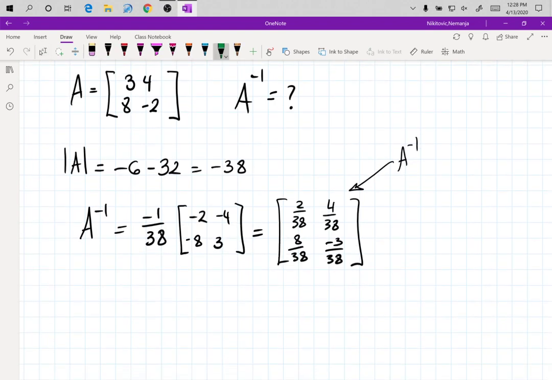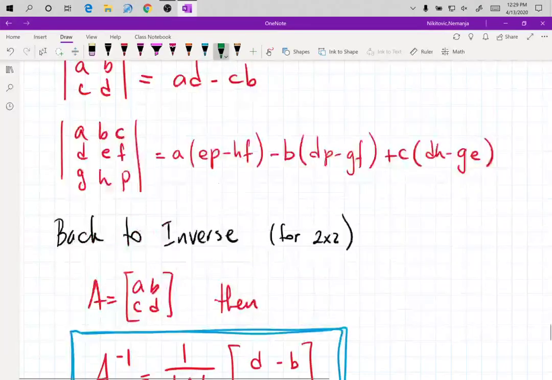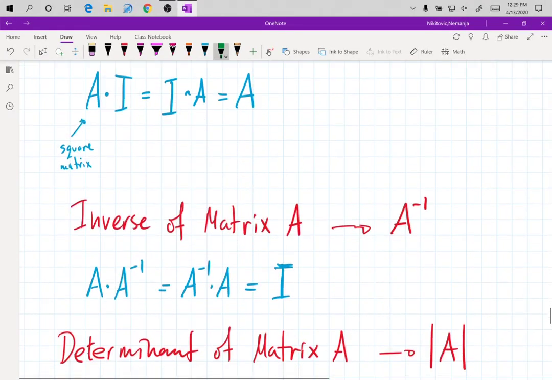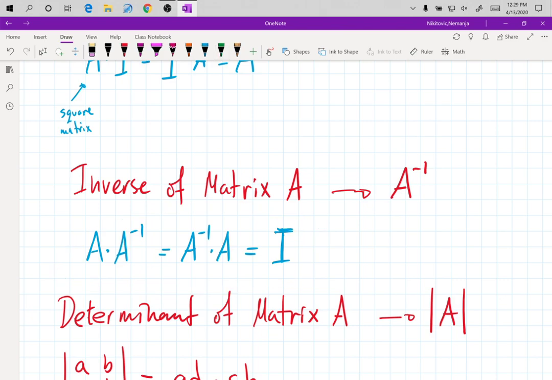Now let's say you want to check. All you need to do is multiply these two. You need to get I2, which is 1, 0, 0, 1, because we had this rule right here, which says that no matter which order you multiply them in, it will always give you the identity matrix of the same size.